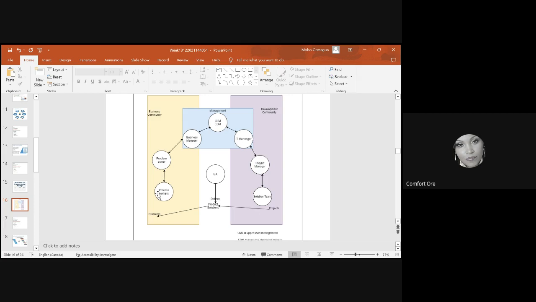What we're doing basically is, once we've performed our analysis as business analysts and we do a presentation, the results of what we have, we're able to prefer a solution. So we pass that on to the solution team.